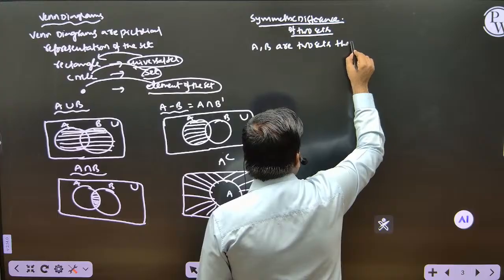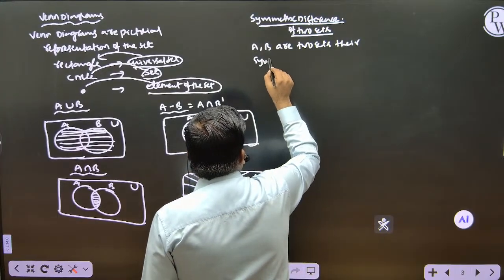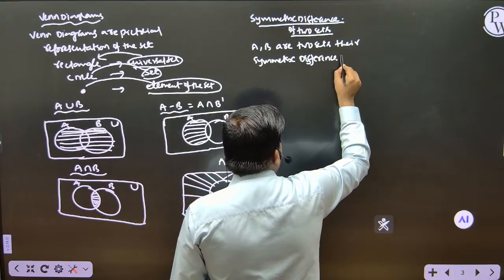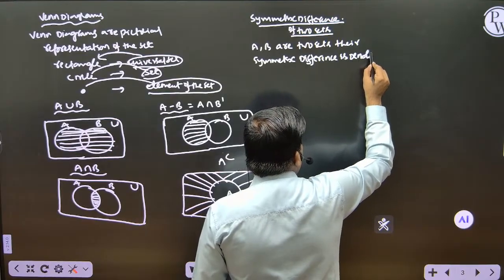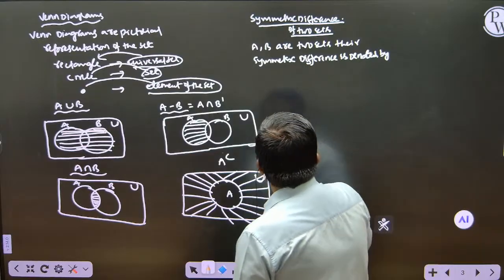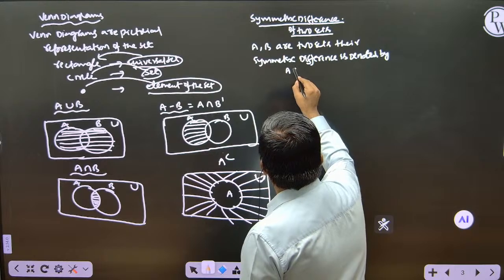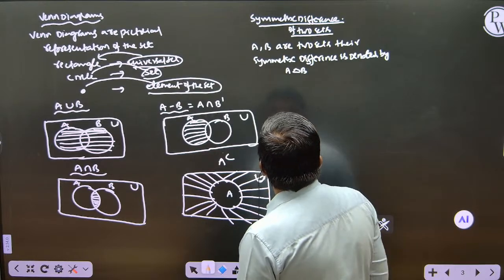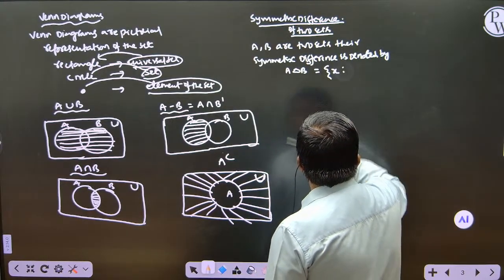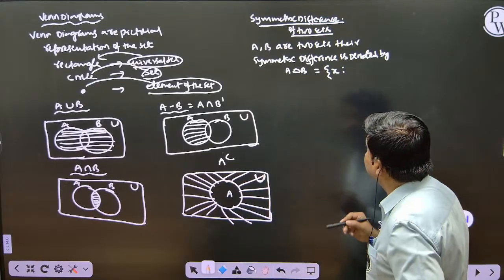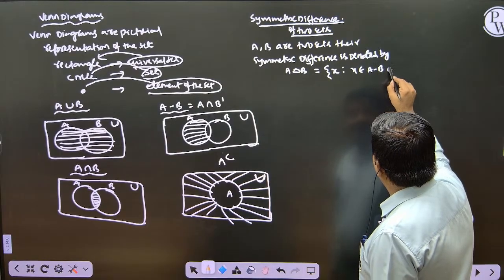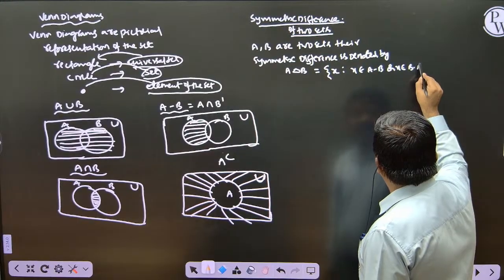Their symmetric difference is denoted by A delta B. A delta B consists of the elements x. What is the nature of that x? That x belongs to A minus B, or that x belongs to B minus A.